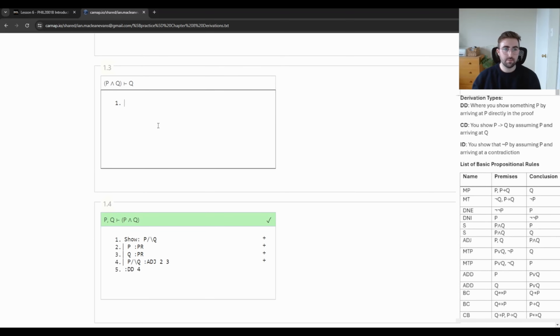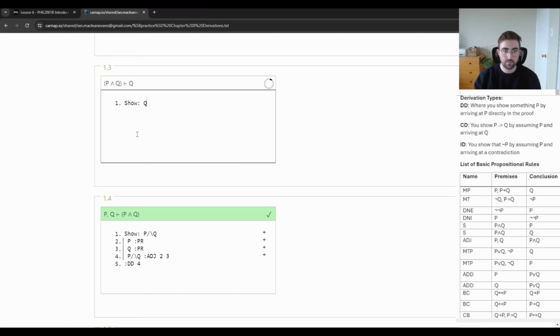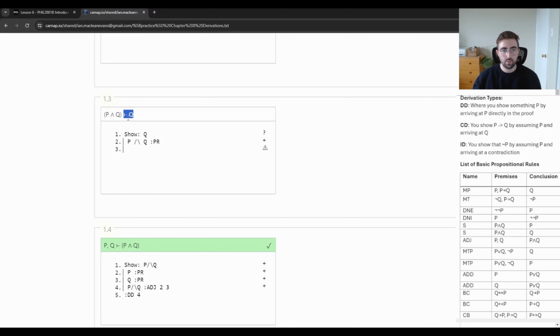And then here's an example of simplification. So we want to show Q. We have P and Q as a premise. How can we get Q? Well, we know that if we have this AND claim, we can pull out either side of it, right? With our new rule, simplification. So we'll do that. We get Q from simplification on 2, right?